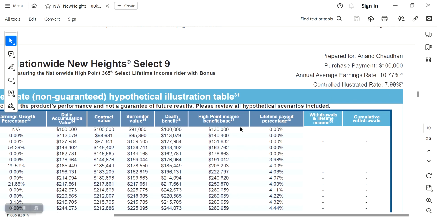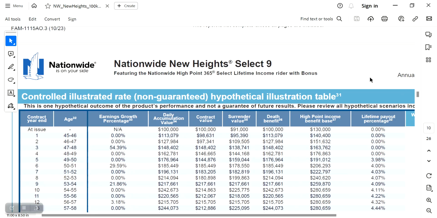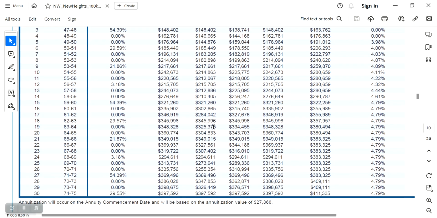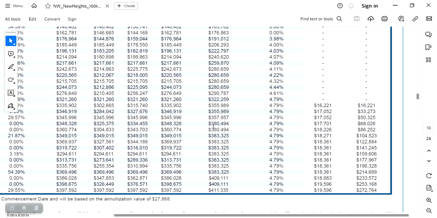Okay. So even if the annual average earning rate on this control rate is 10.77, you are still giving a control rate just to illustrate how the number will look if they happen to go at an average of 7.99. Correct. Yes. Okay. And that's why the numbers look a little lower.